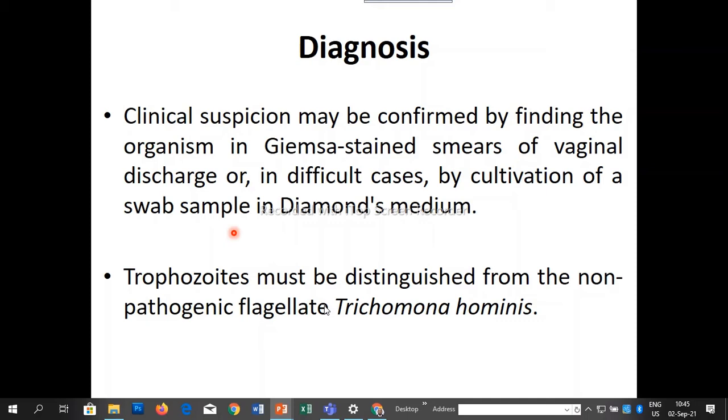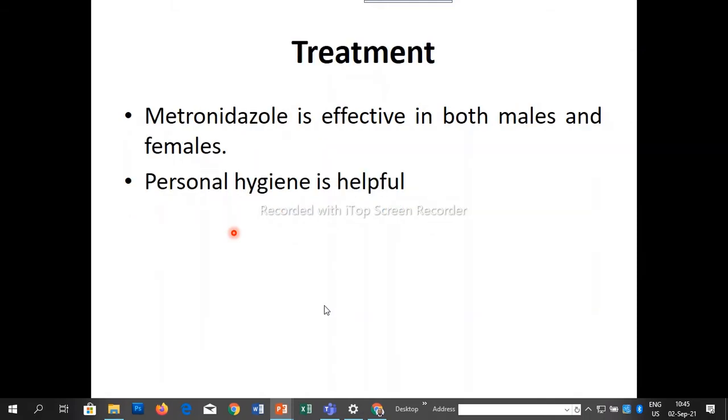It is very characteristic on wet mount preparation on microscopy. The treatment is like other protozoa, by metronidazole, and the treatment is effective in both male and female.